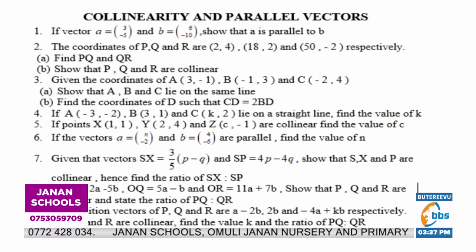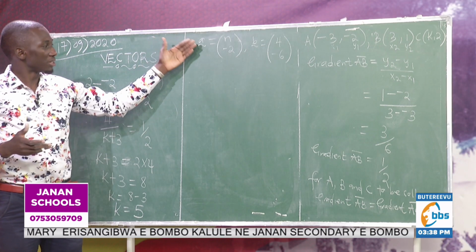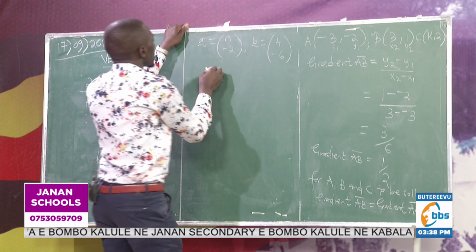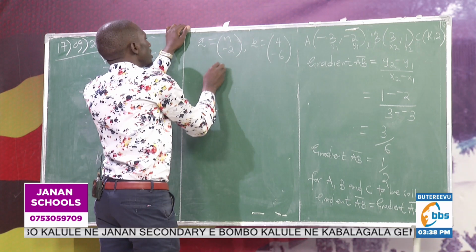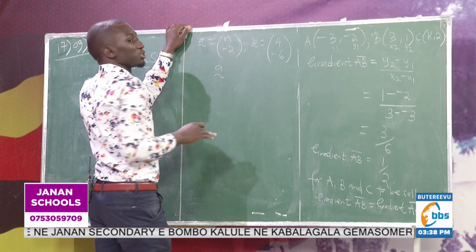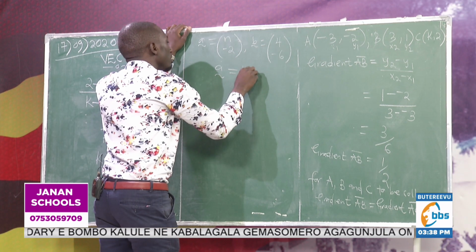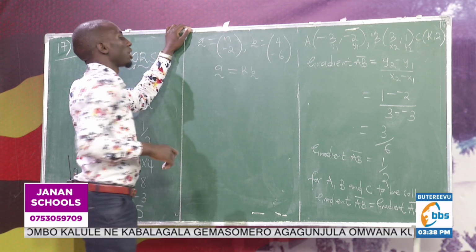So look at this now. If these 2 vectors are parallel, it means that we can express one in terms of the other. There must be a relationship between the 2 vectors. What we talked about last time is that when these vectors are parallel, there must be a particular relationship in that A can be equal to K times B, where this K is a scalar or a constant.